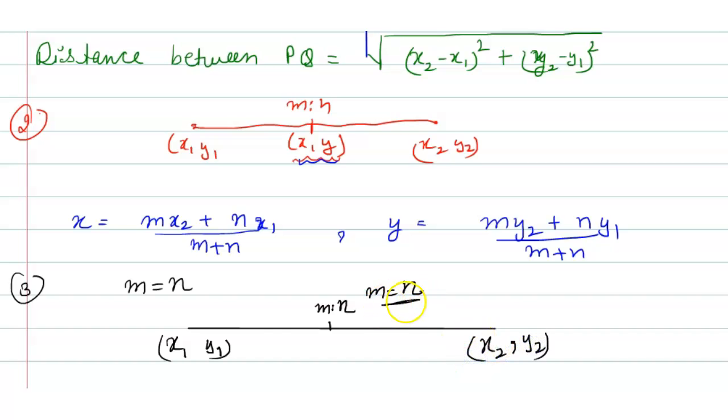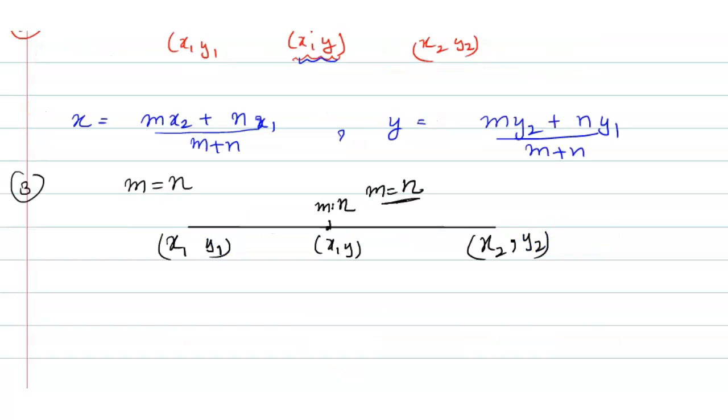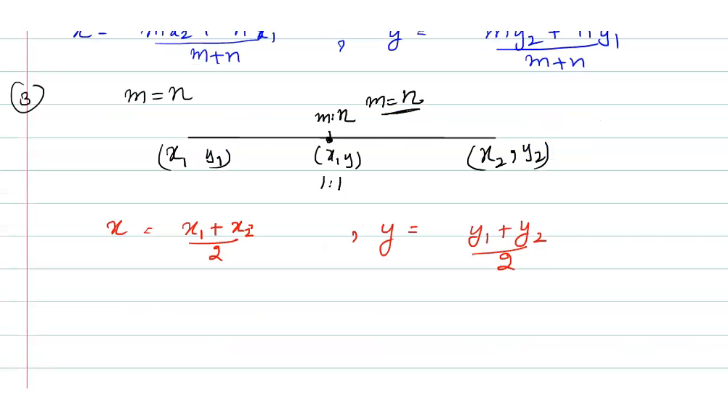If these are equal, that means this point cuts the line from between. This is 1:1. So the formula for x and y is: x is equal to x1 plus x2 upon 2, and y is equal to y1 plus y2 upon 2.